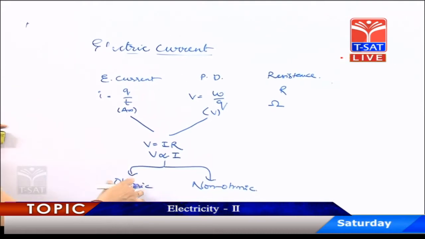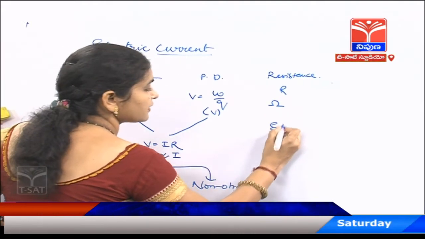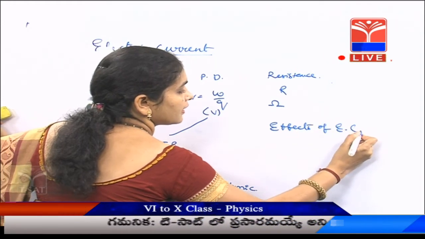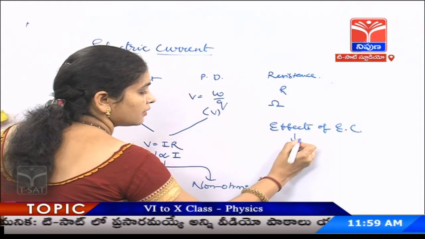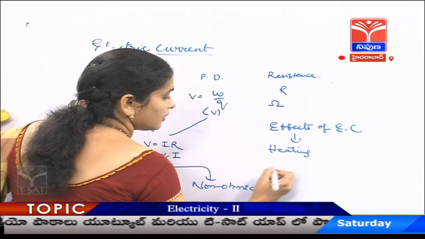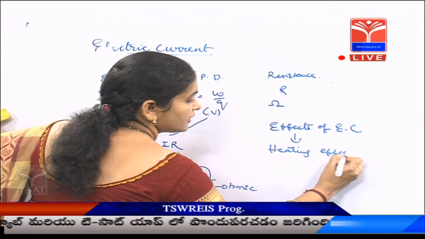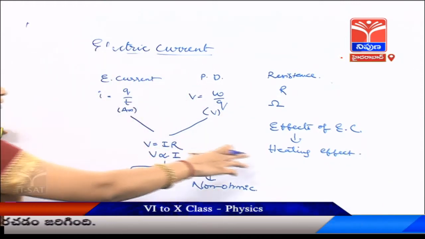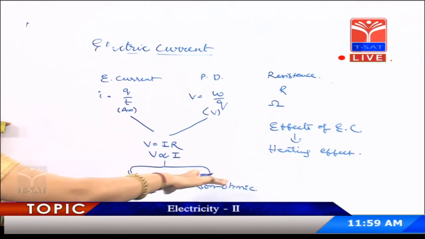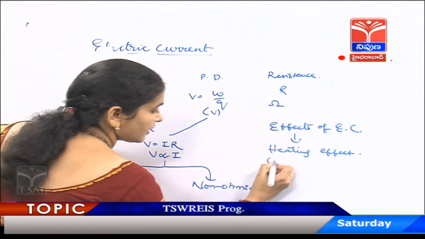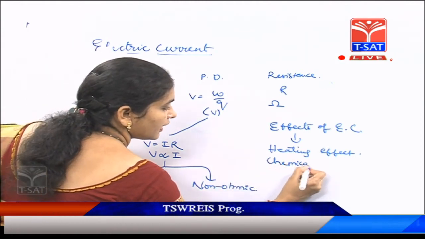After that, we discussed different effects of electric current. Number 1, heating effect of electric current. On passing current, conductors become hot and emit heat energy. The second one is chemical effect of electric current.